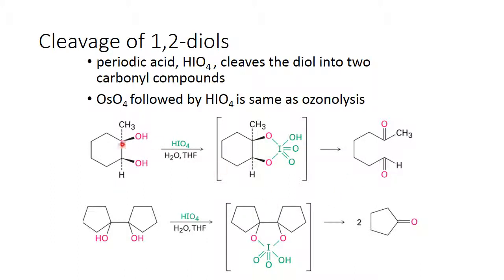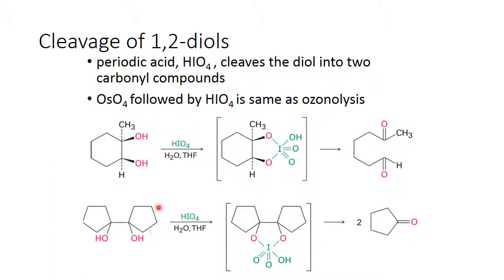The result is, if this had been an alkene, the same result as if I did ozone followed by zinc and acid. So a diol is cleaved by periodic acid to 2 carbonyl groups, which is the same product that you get, 2 carbonyl groups from ozone and zinc acid.